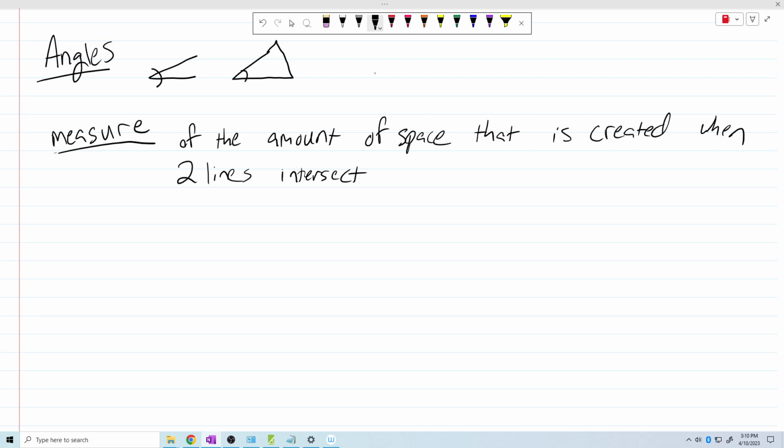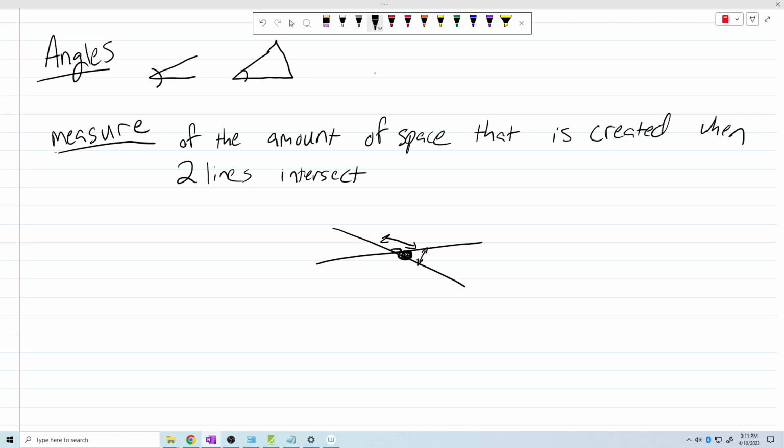Let's imagine two lines here. These two lines are intersecting. There's some space going on right here, some space in between the two lines. Same on this side. There's some space here. Now that's the measure. The measure is the angle.